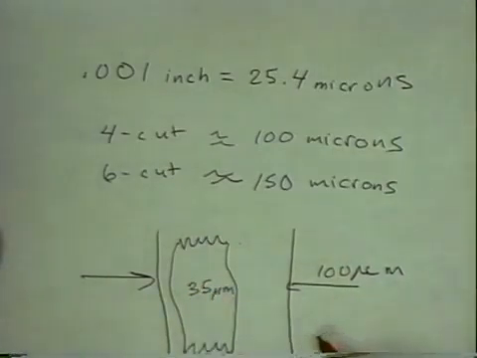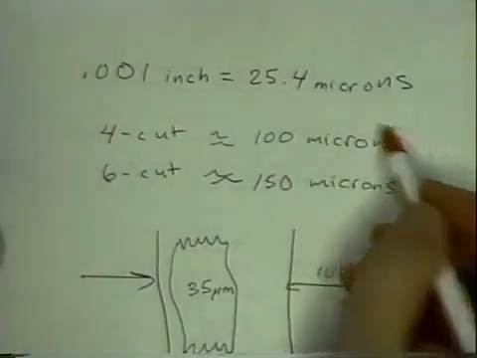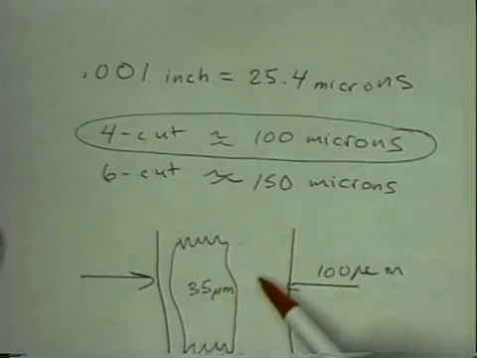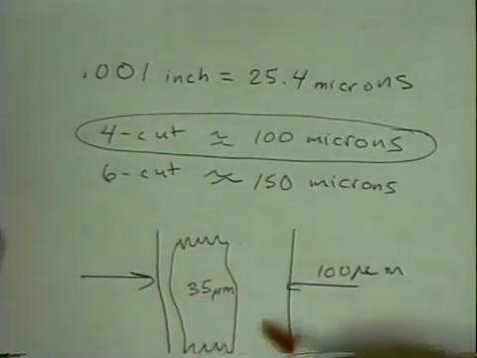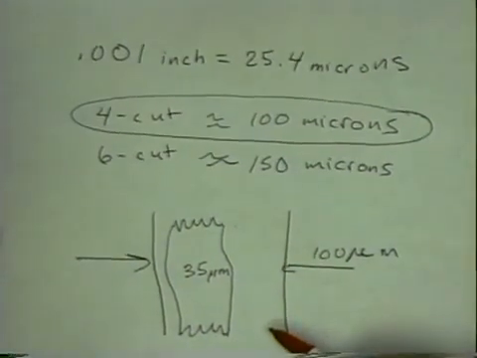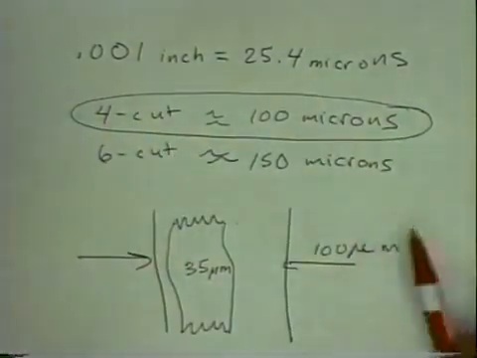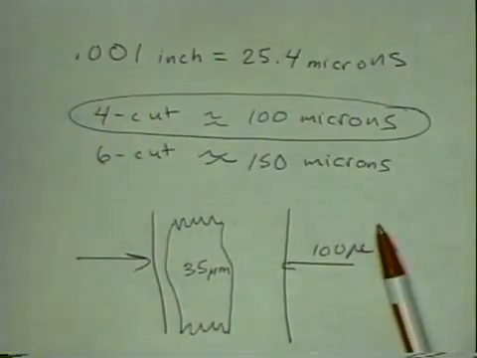What you can see here is that for the 4-cut, we're getting close to having 1 or 2 fibers fit at the same time. So as it gets smaller, if we have softwood fibers in there, we've got a very large chance of plugging. So we're getting close to the limits of how fine our slots can be.